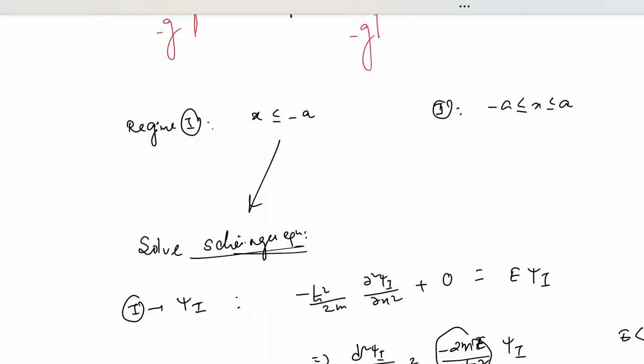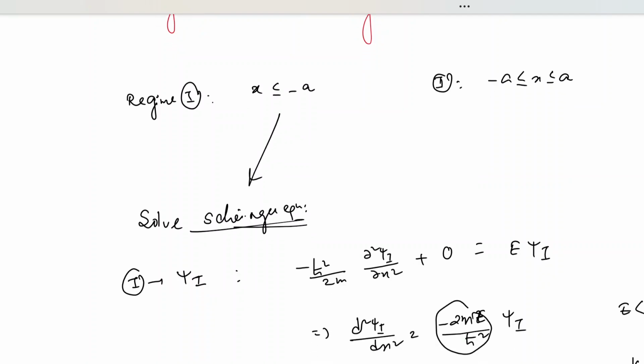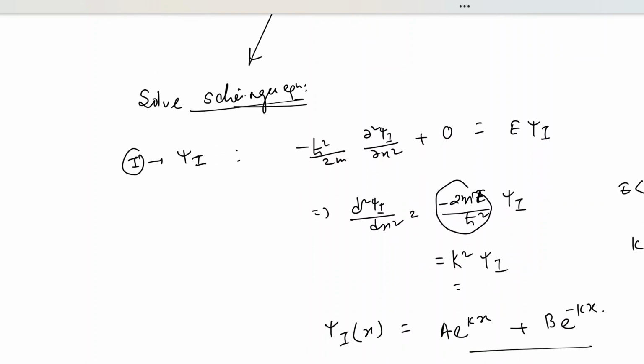On this solution you have to apply the physical reasonability, or the normalization condition of the wave function, because it is in the zone where x is less than or equal to minus a, that means x is negative. If you extend this up to minus infinity, the wave function should not diverge if it is a physically realizable wave function.